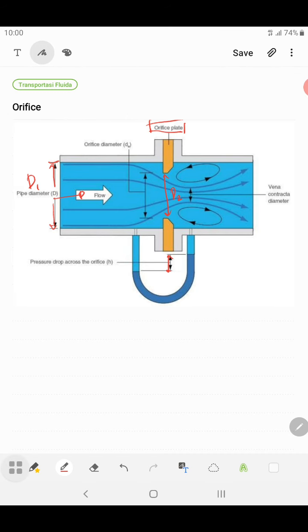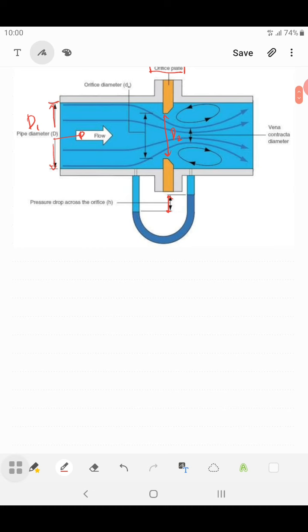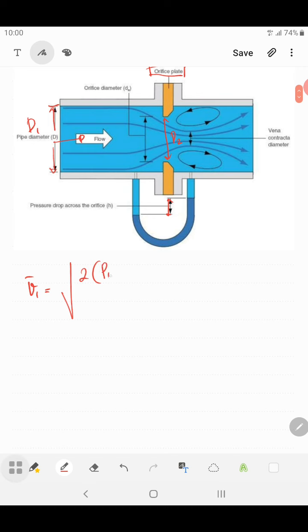So the equation is the same as the venturimeter, where the average velocity v1 will be equal to the square root of 2 times (p1 minus p2) over rho, over (A1 over A2) squared minus 1.